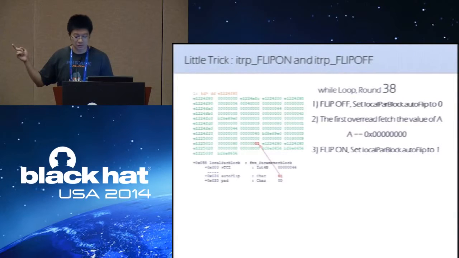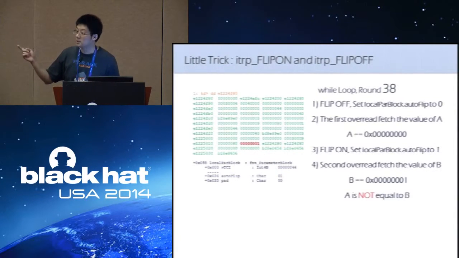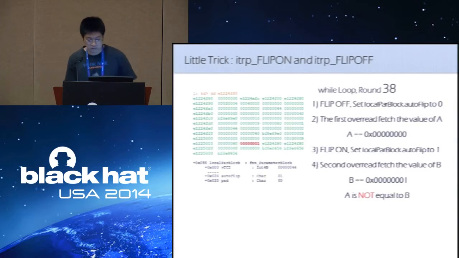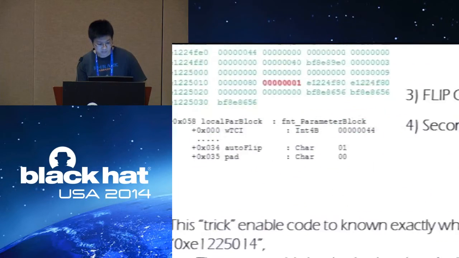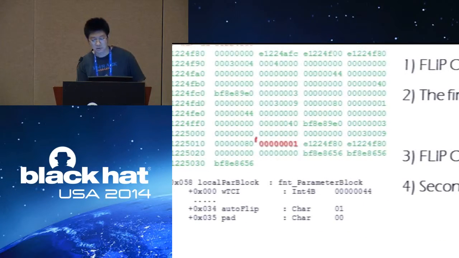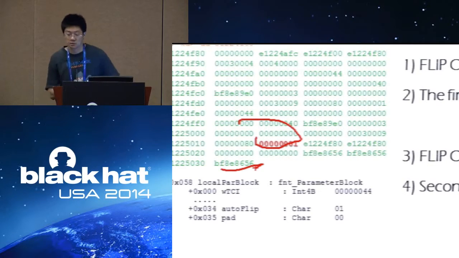Then flip on, set to 1, but this time B is 1, and A is not equal to B. So the TOCTTOU team used this trick to enable the code to know exactly when it has reached the location here, and then we are close to the target.